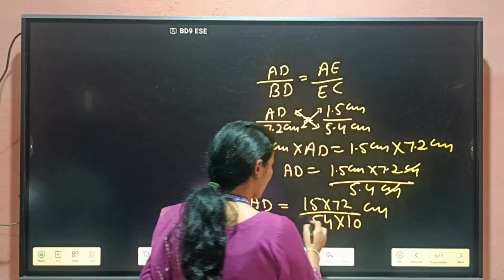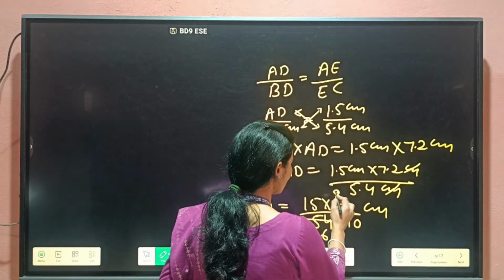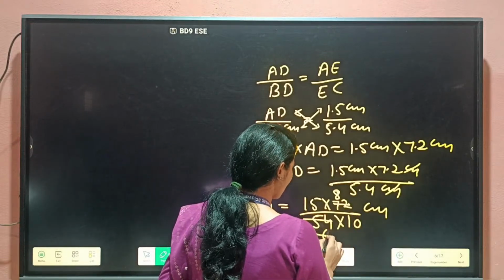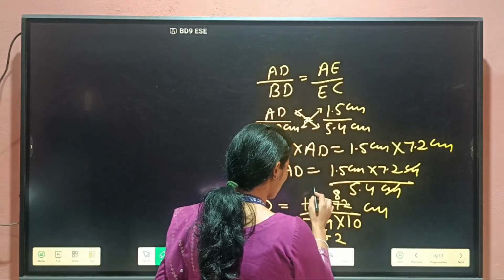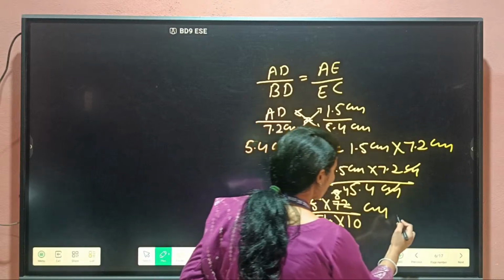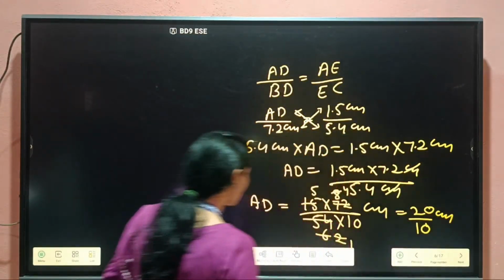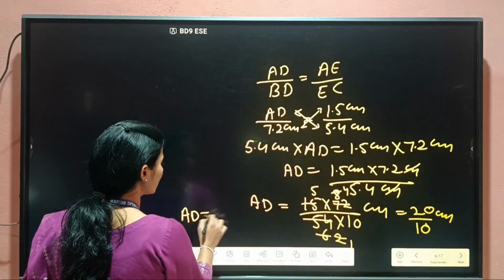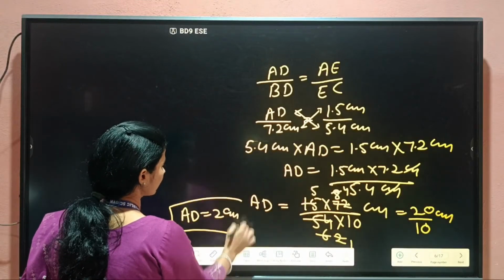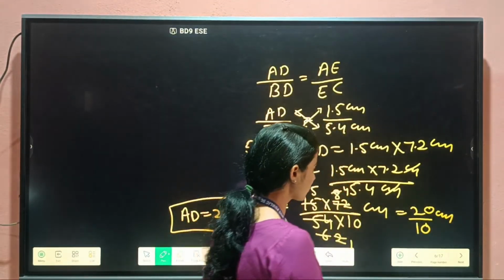Cancel with 9, 9 sixes are 54, 9 eights are 72, then 3 twos are 6, 3 fives are 15, 2 ones are 2, 2 fours are 8, 4 fives are 20 by 10 centimeter. That is, this AD is 2 centimeter. Let us see the next question.